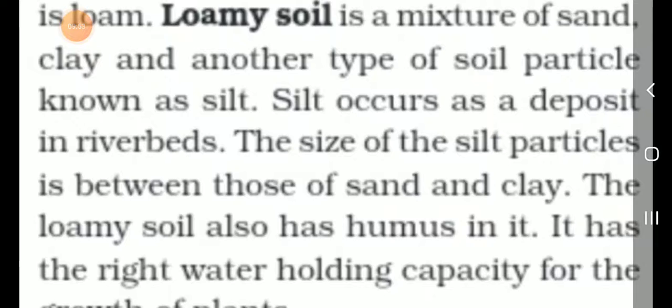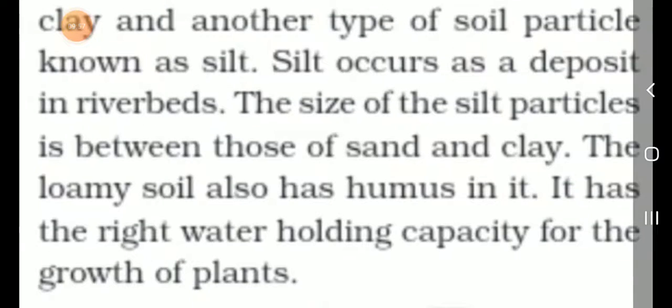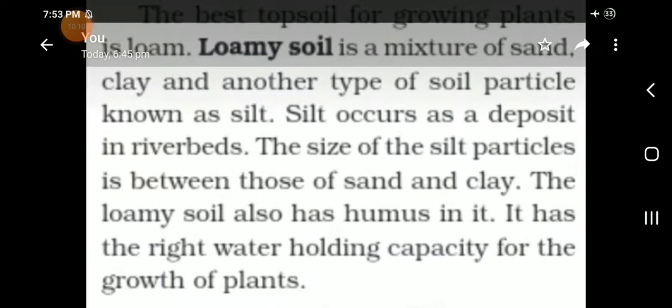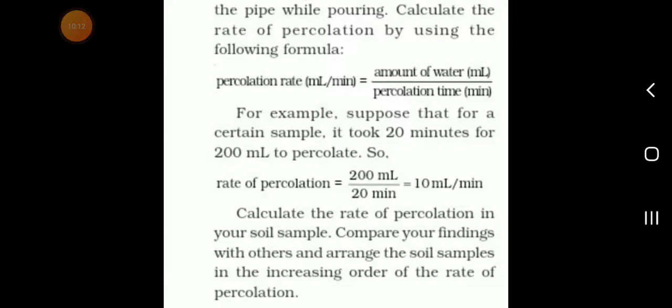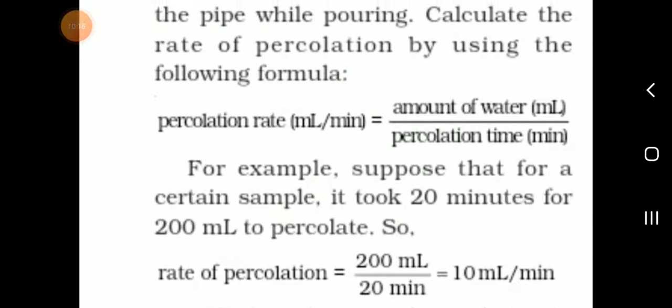The size of silt particles is between those of sand and clay. Loamy soil also has humus in it, and it has the right water holding capacity for the growth of plants.